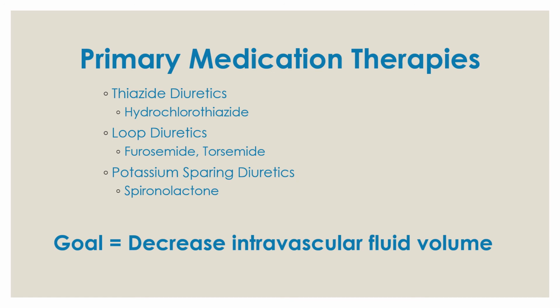So our first attempt at lowering the blood pressure would be to remove fluid from the vascular space and see if that alone will bring down that patient's blood pressure. Other diuretics that we might use include the loop diuretics such as furosemide and torsemide, and potassium-sparing diuretics like spironolactone.